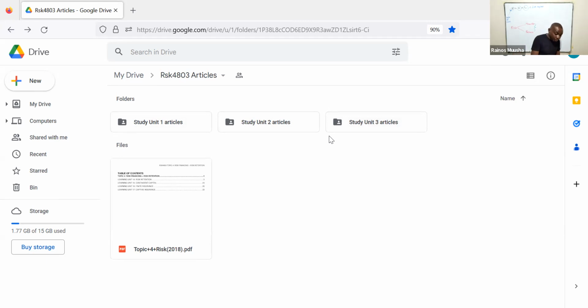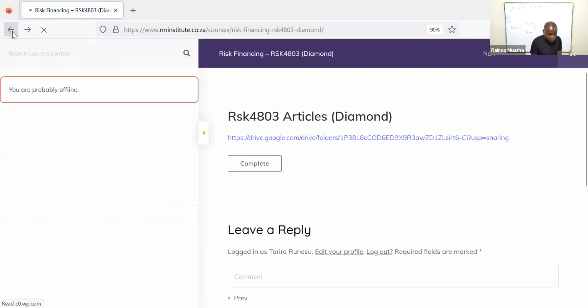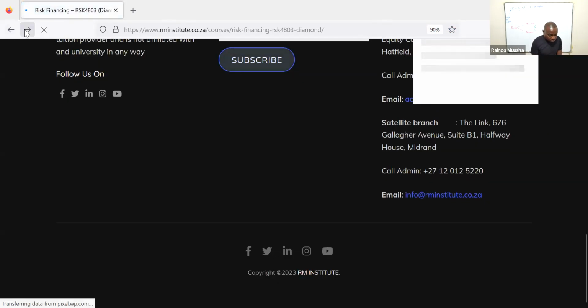And if it's the premium package, it also means that the videos of the question papers and the memos for revision, you're able to access immediately. But if you're on the diamond package, you're not going to be able to access all that material all at once.